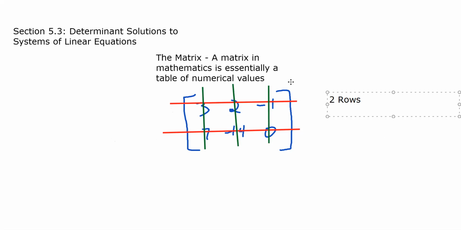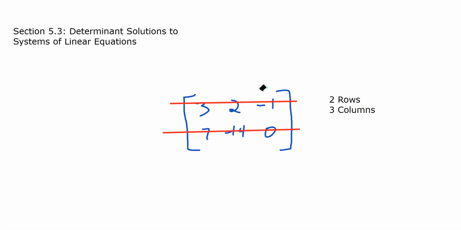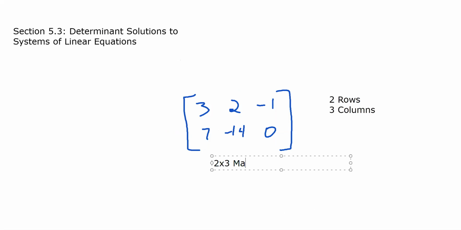Two rows, 3 columns. So what we would say is this is a 2 by 3 matrix with these values: 3, 2, -1, 7, -14, 0. A 2 by 3 matrix.